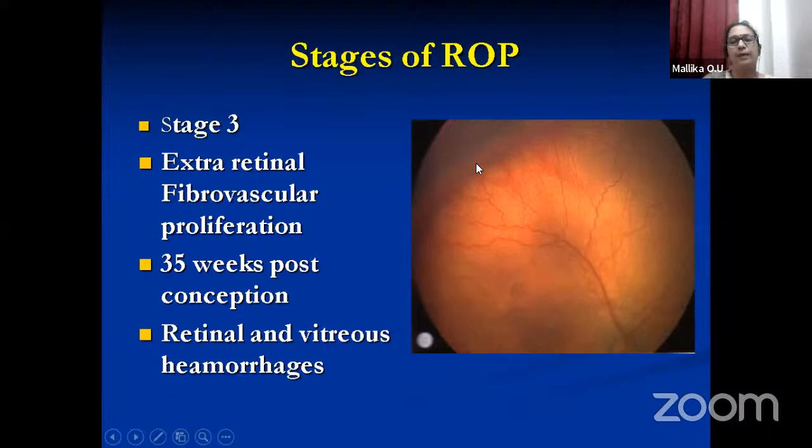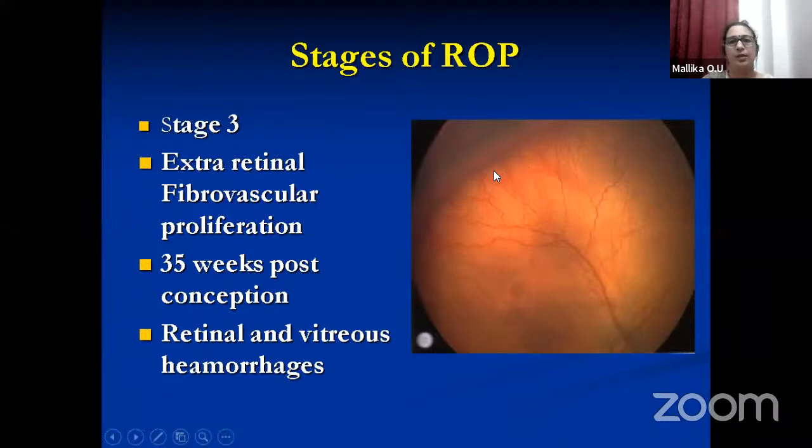That is, if the baby is born at 31 or 32 weeks, stage 3 occurs by 3 to 4 weeks after delivery. So the baby's gestational age at that stage is only 36 weeks. That is 32 weeks intrauterine and 4 weeks after delivery.